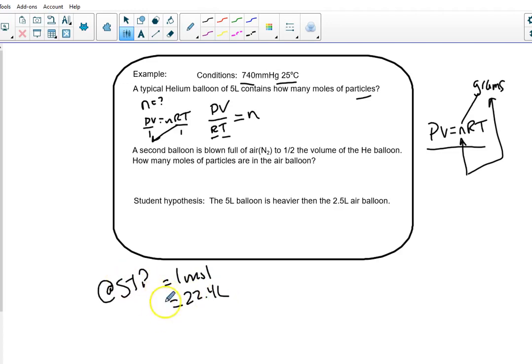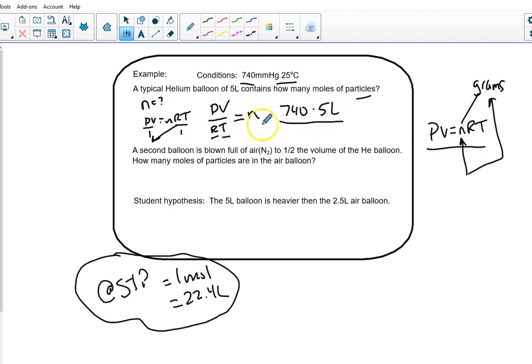We might see that come up in a little bit, and we'll do maybe a little example of that. But here, let's just put in the pressure. I'm putting in 740 here. My volume is 5 liters. My temperature is 25, so I have to convert the 25: plus 273 equals 298. So this is 298. And now, because I'm using millimeters of mercury here, this has to be 62.4.